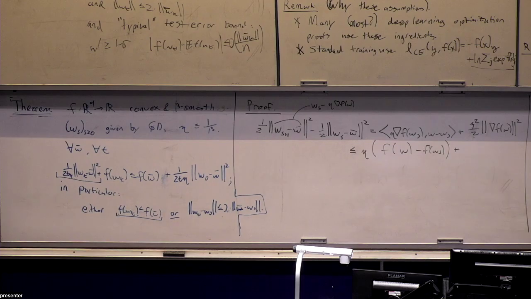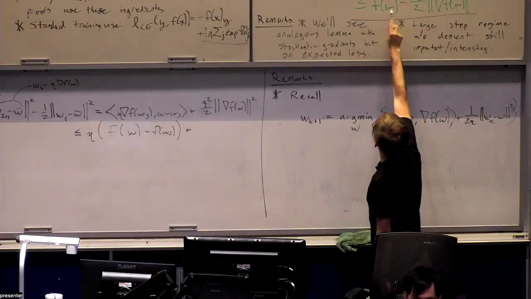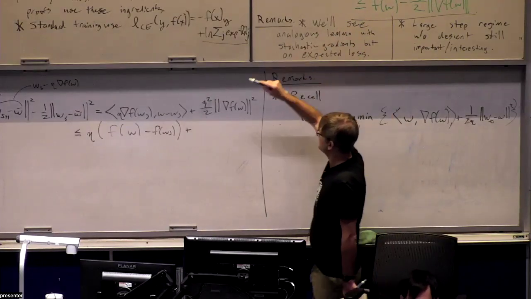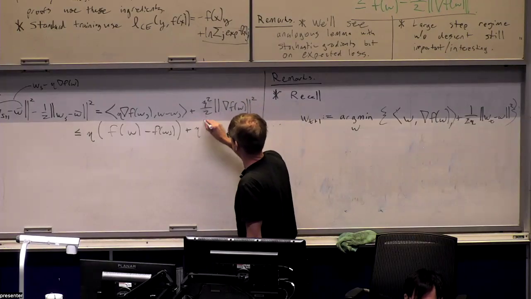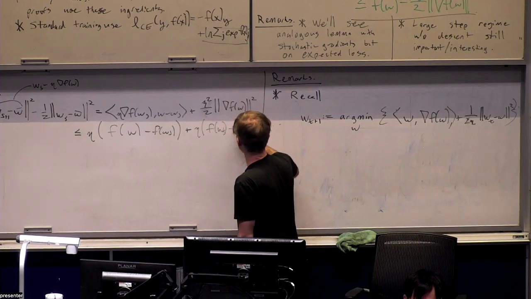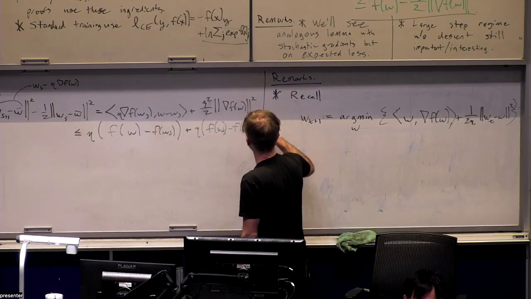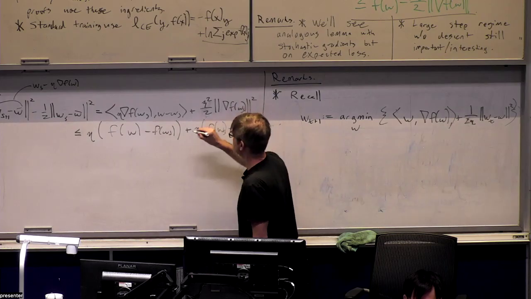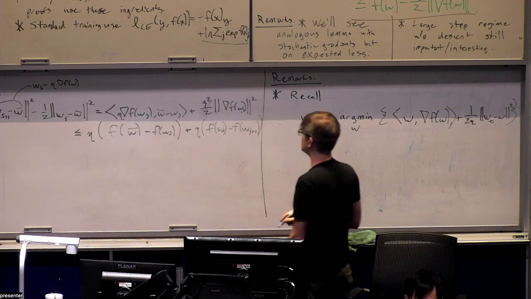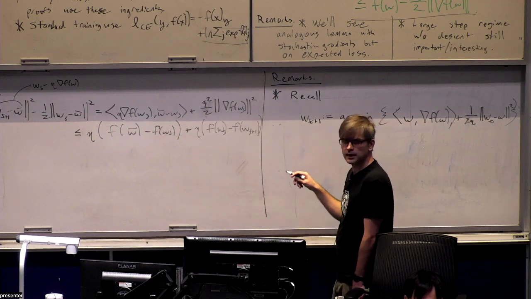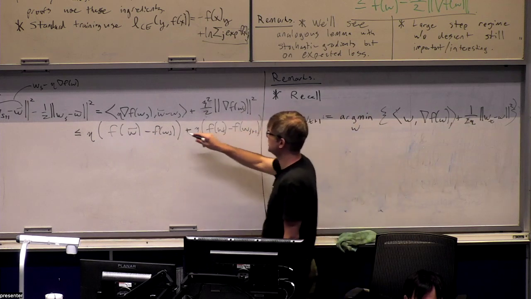Eta over 2 grad f squared is f(w) minus f of the next iterate. And I exactly have an eta over 2 right here. So I have eta times f(w_s) minus f(w_{s+1}). Sorry, I left out lots of subscripts. Okay. So smoothness, convexity.